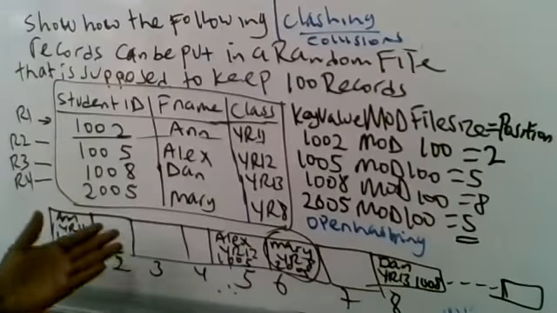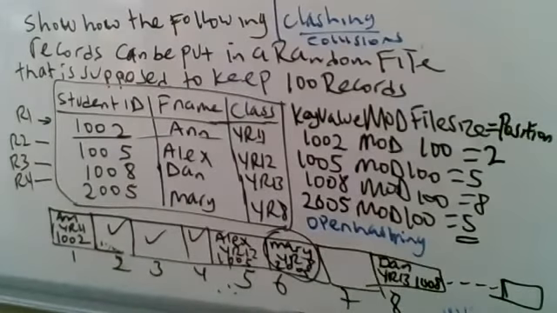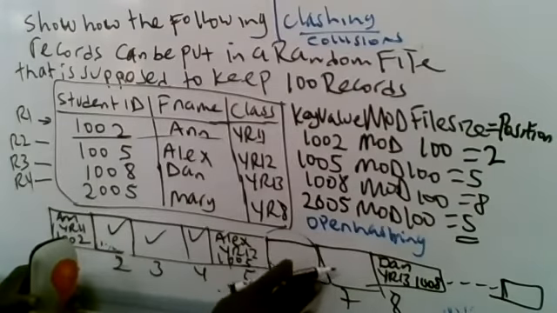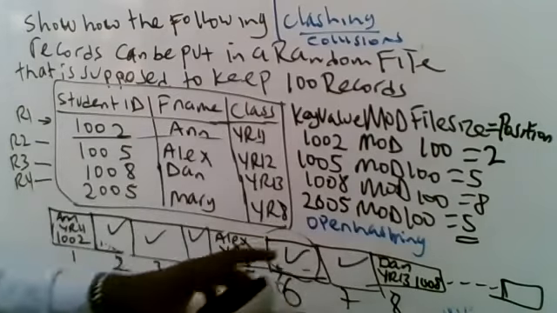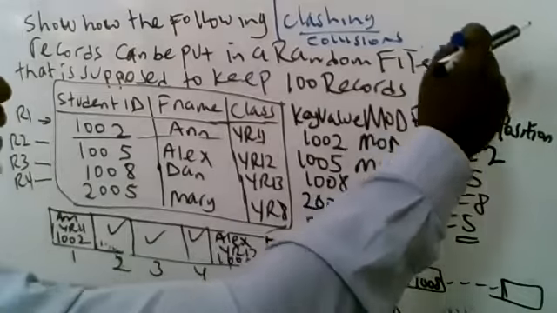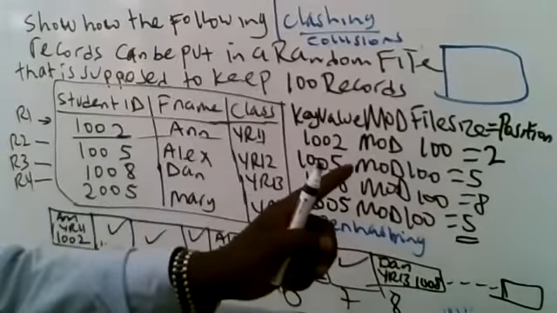So it can create an extra empty file, an extra bucket, and say, okay, let's put you in the extra memory space.